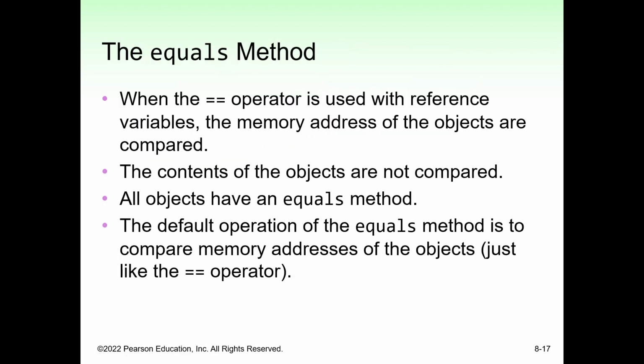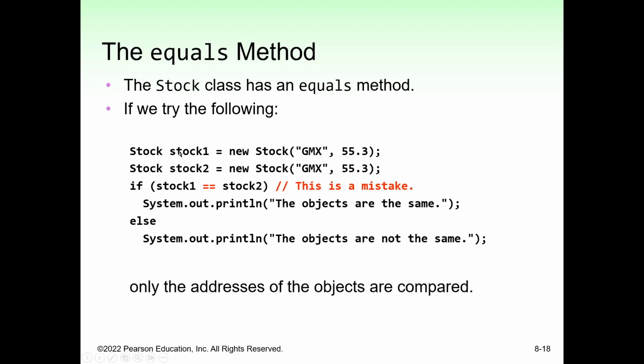Alright, next thing, the equals method. It is very important that you are familiar with how it works with objects, because it works differently with objects. Whenever you use the equals operator, you do not compare the values that your object is storing. You're comparing the memory addresses of those objects where they are stored. As you can see here, this is an example.